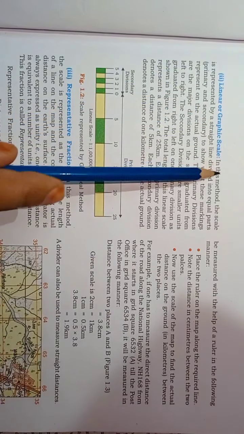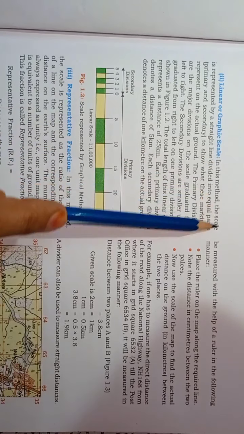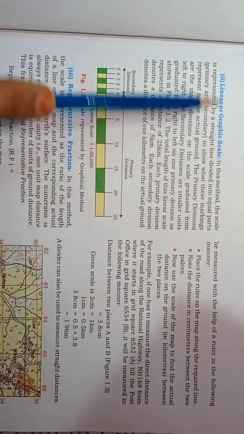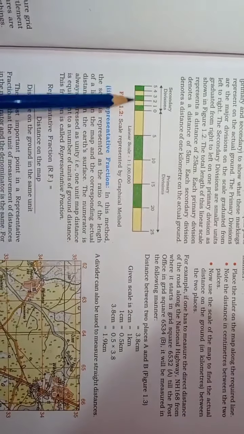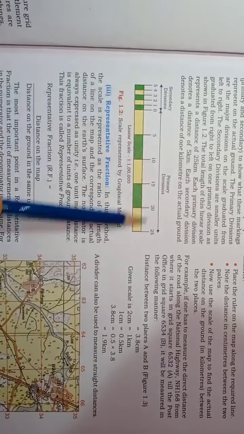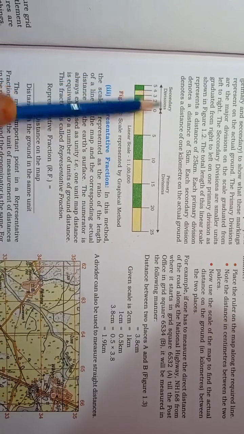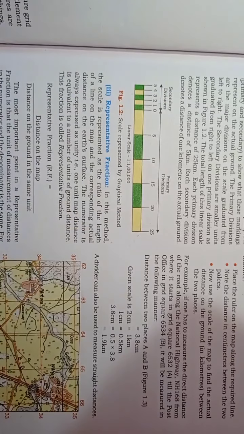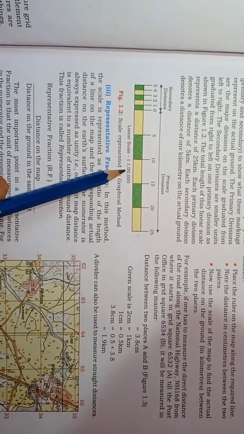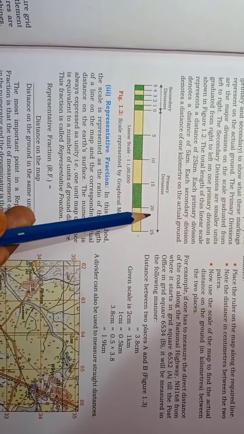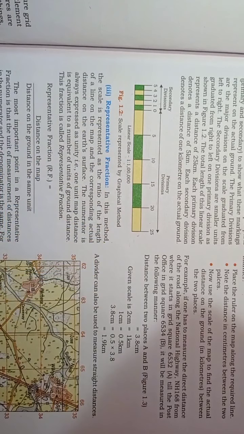Second is the linear or graphic scale. In this method, the scale is represented by a straight line divided into equal parts. You can see the picture here. It is divided into two parts, primary division and secondary division, and these divisions show what the markings represent on the actual ground. You can see the linear scale 1:1 lakh given here. The different parts, 5, 10, 15, show us the actual distance on the ground.